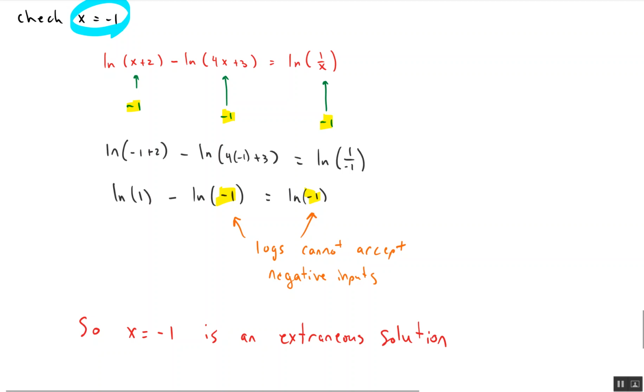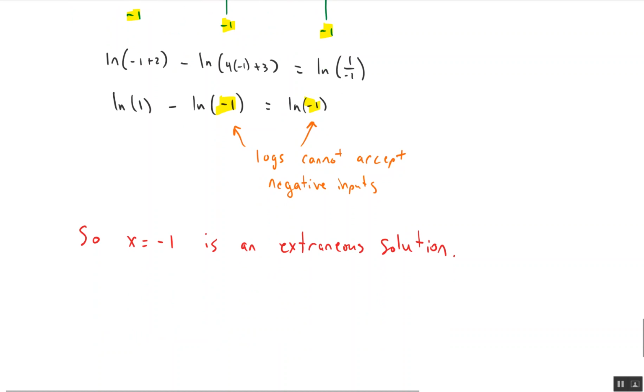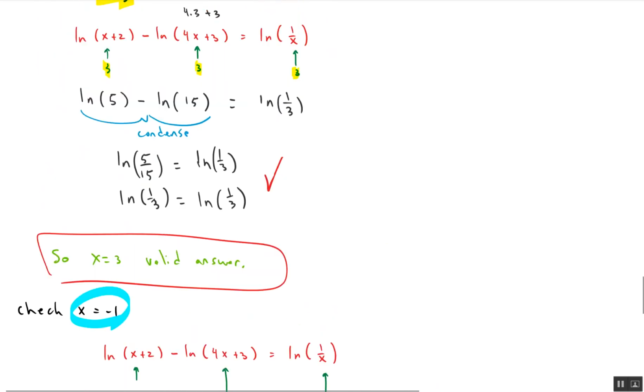It's a solution that we created because of our algebraic process here. So x equals -1 is not a valid answer. So our only answer is x equals 3.